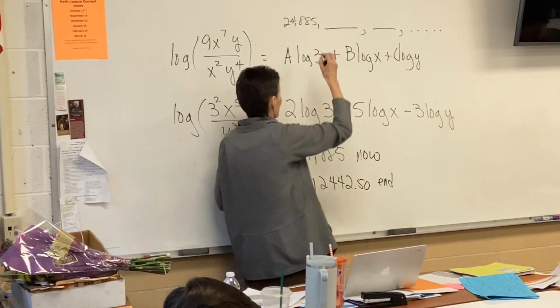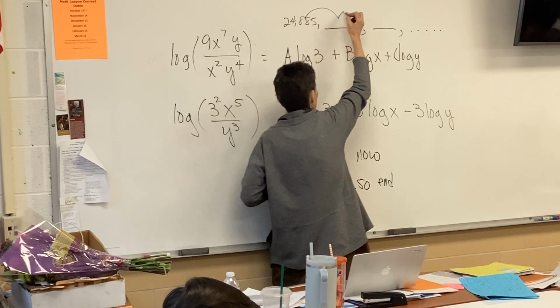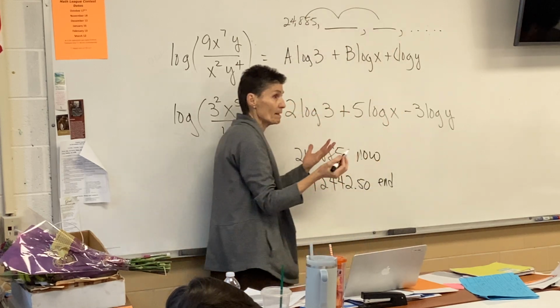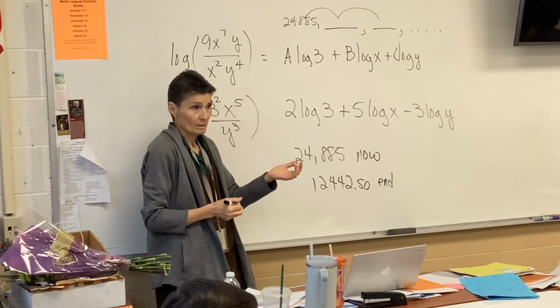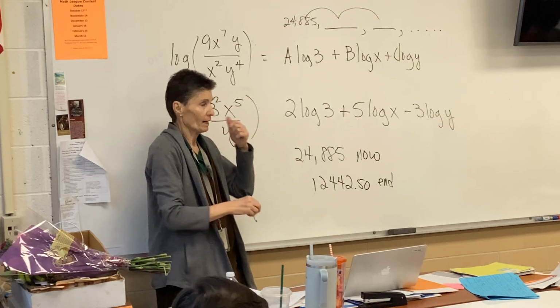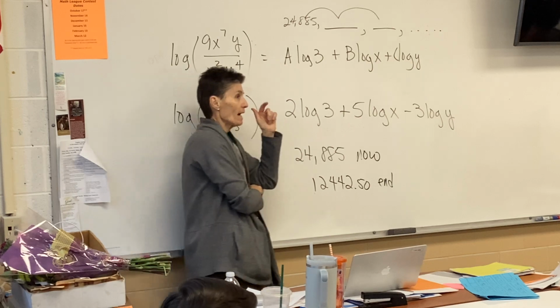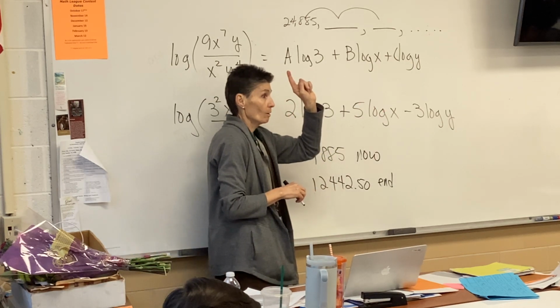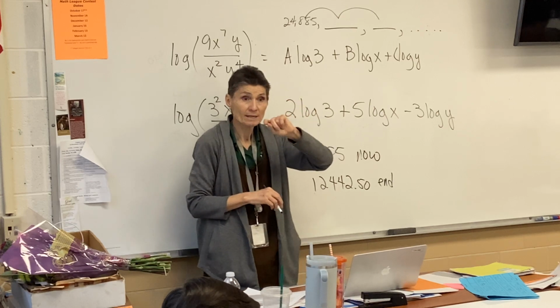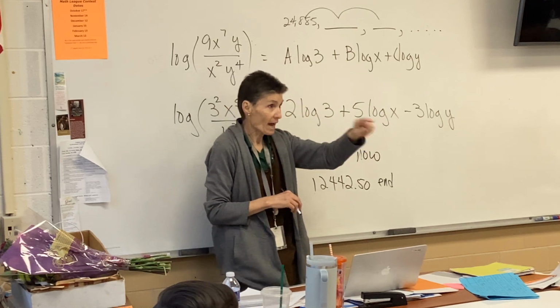Now, as we go from year to year, think about this as a sequence maybe. As you go from year to year, what are you multiplying by? 0.86. Why are we multiplying by 0.86? Exactly.